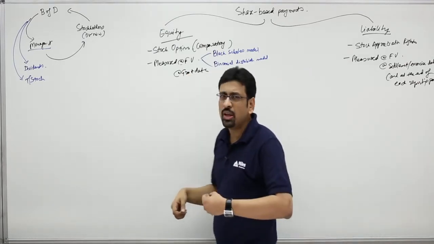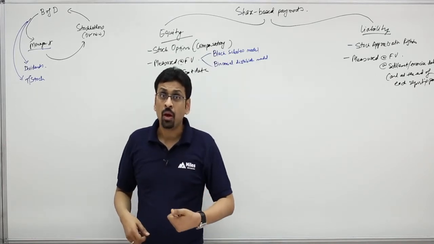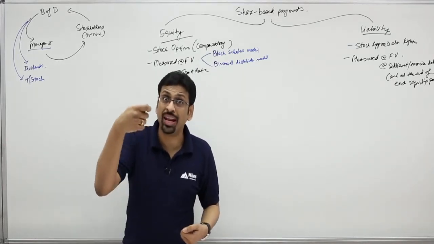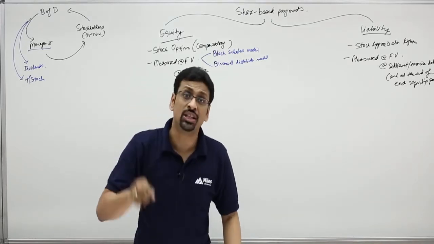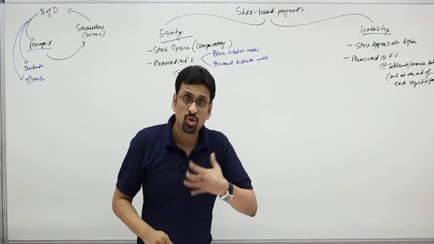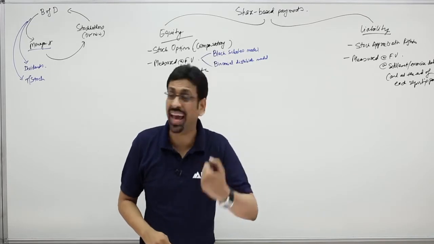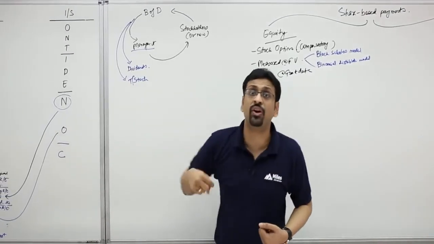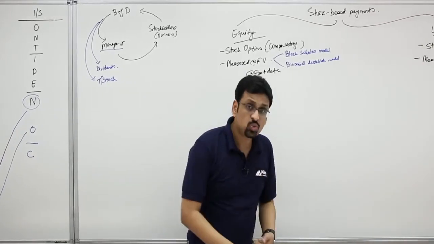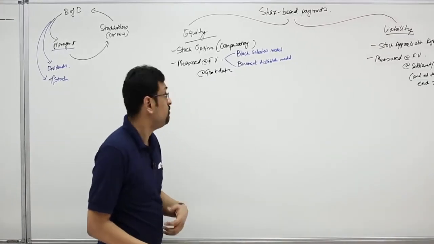But we are not giving it to the employee right away. We are telling him, we are giving you the stock option which you can exercise only after 2 years, provided you work for us for the next 2 years. So it's compensation expense which is going to be expensed on the income statement over the next 2 years, not right now.